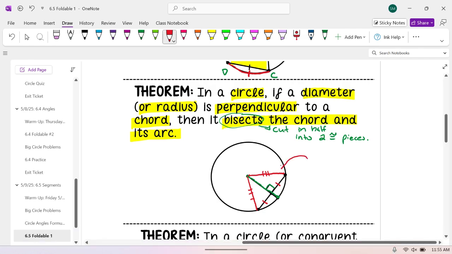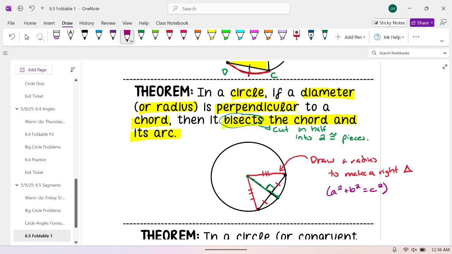Now, if we draw a radius to make a right triangle, that typically means we're going to use what if we're solving for side measures? What do you think we're going to use? A very specific theorem that you've been learning for years and years. Pythagorean theorem. So a squared plus b squared equals c squared will be used somewhere in here.